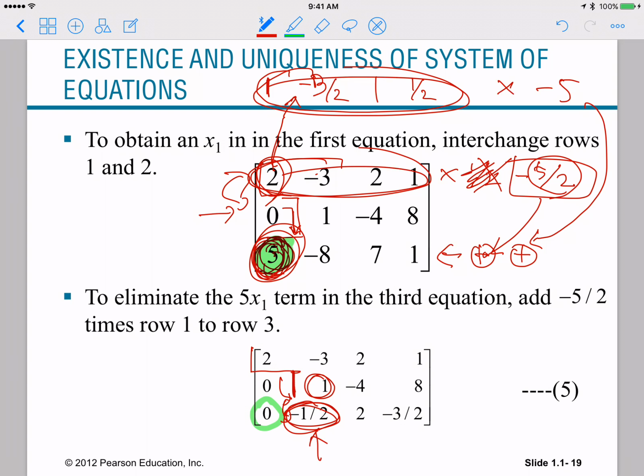If this guy becomes 0, then the staircase will be flat at this moment, right? So by using this variable, we are removing this value, changing it to 0. How we do it is we simply multiply this guy by minus 1/2 and then add them to the third row, right?